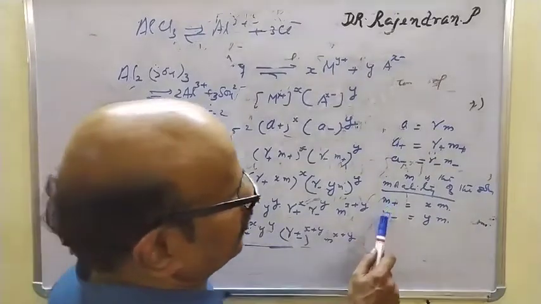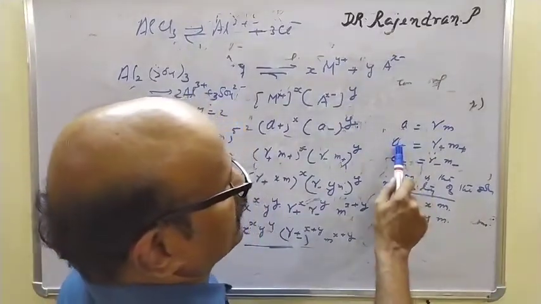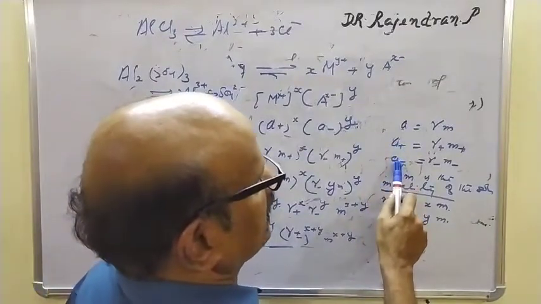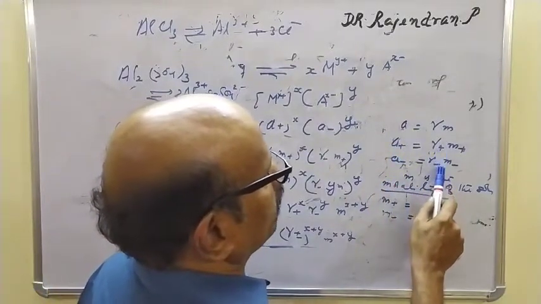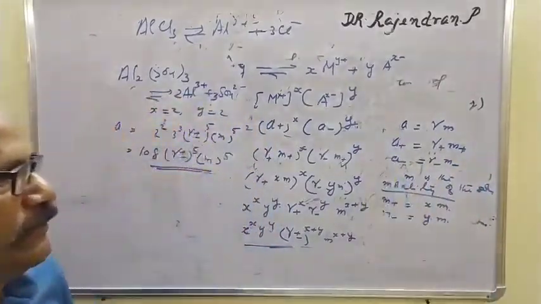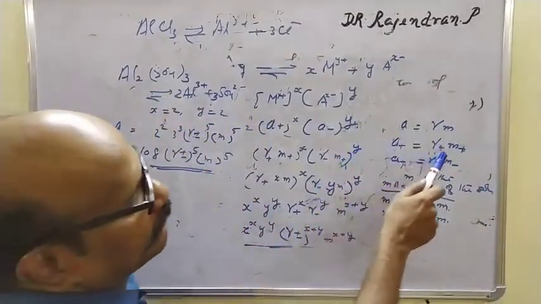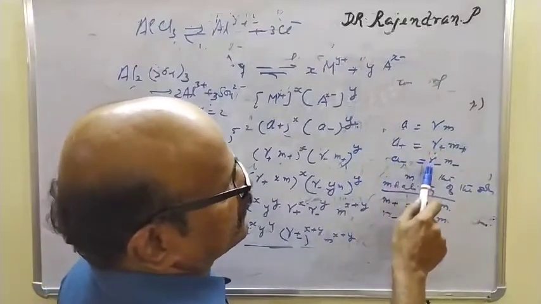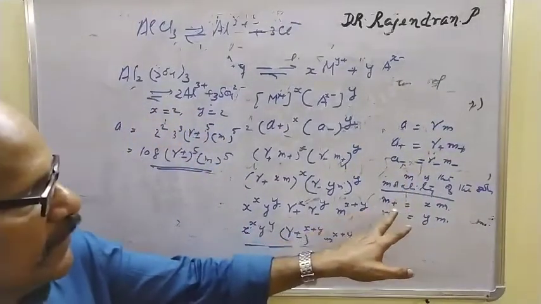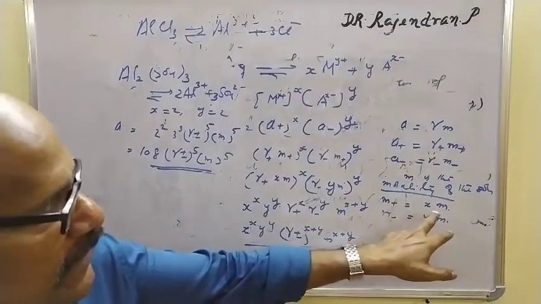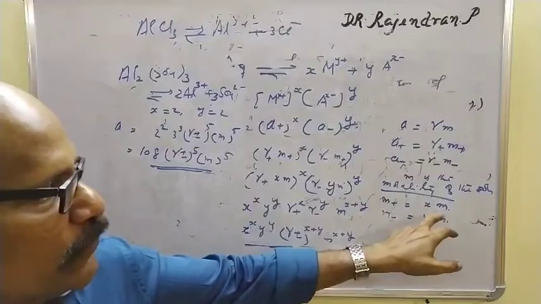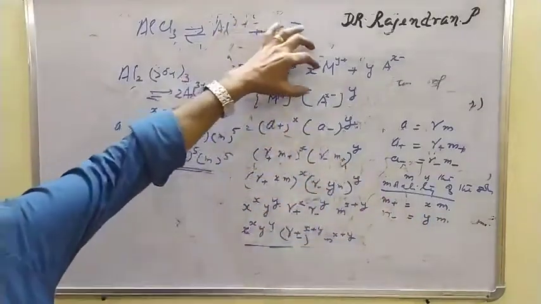Otherwise, you have the equation A plus or minus is gamma plus or minus m plus or minus all square. Or A plus is gamma plus into m plus and A minus is gamma minus into m minus, where m is the total molality of the solution, m plus is x m and m minus is y m, where x and y are the number of moles of the ions.